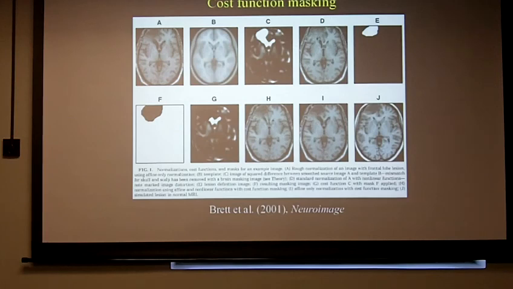So what he came up with was to mask this focal lesion area, and then exclude this area when you calculate the cost function. The cost function is a metric that measures the similarity between the two images, in this case the template and your individual image.